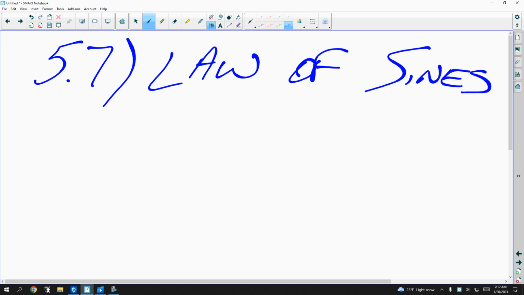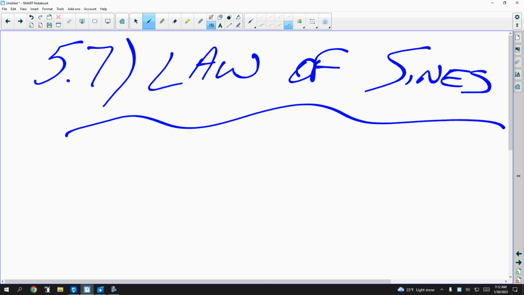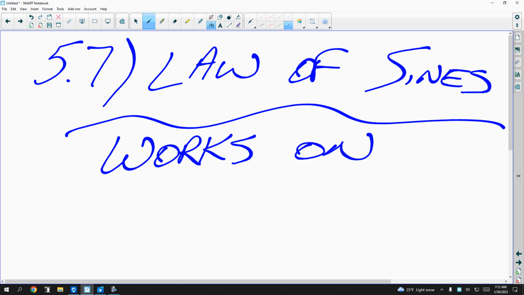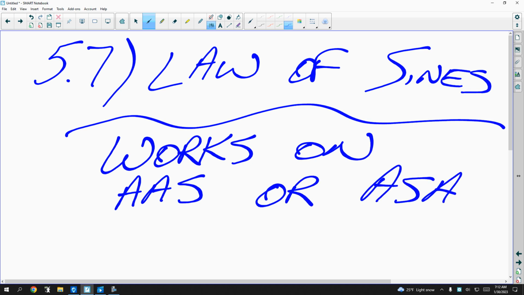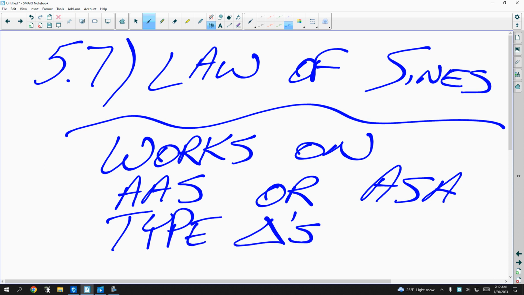All right, so the law of sines. It works on angle, side, and then angle, or it also works on angle, side, angle type triangles. Okay, so they don't have to be right triangles.